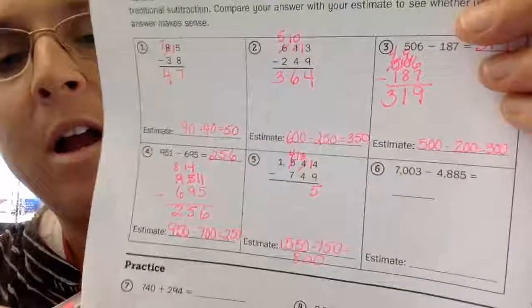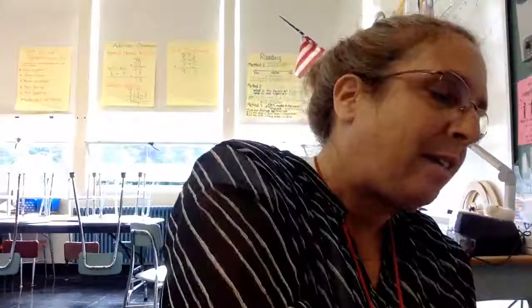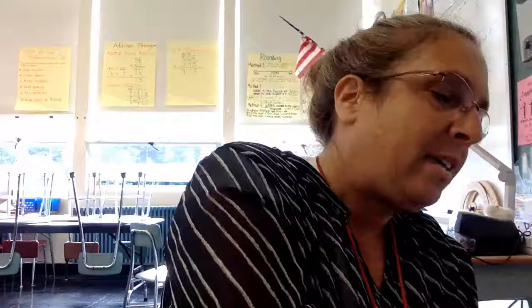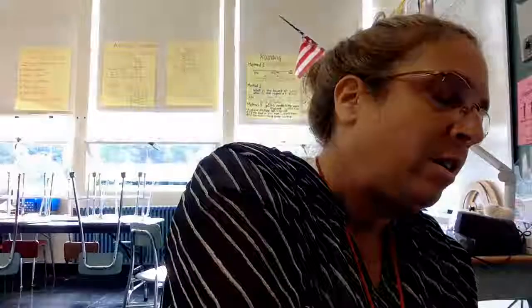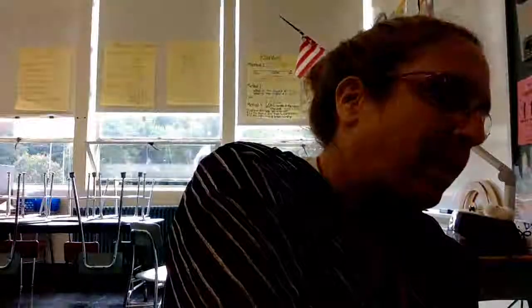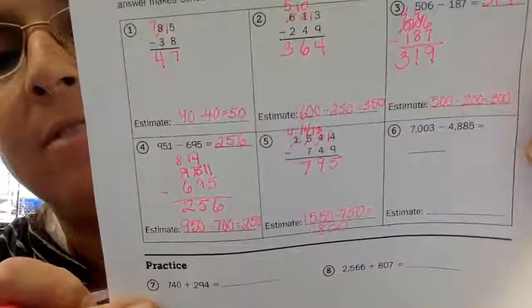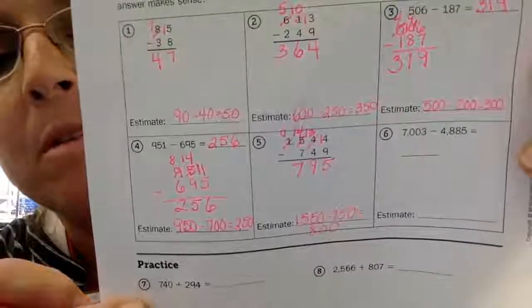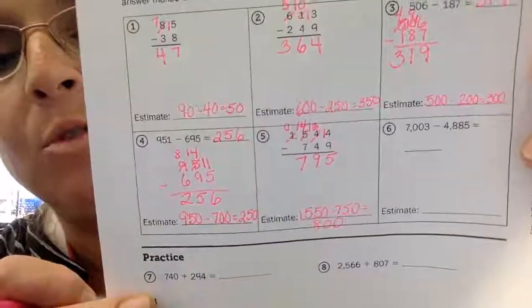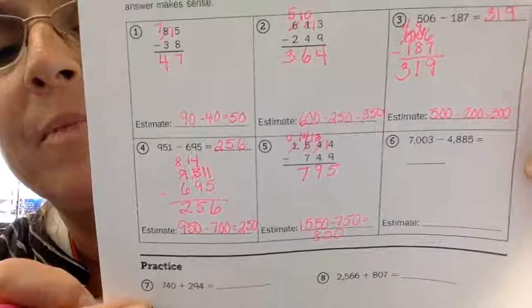So that's 4 hundreds and 13 tens. 13 minus 4 is 9. And then I can't take 7 from 4. So I have to borrow from the thousands place. 14 minus 7 is 7. So my answer is 795, which I know is right because it's close to my estimate.